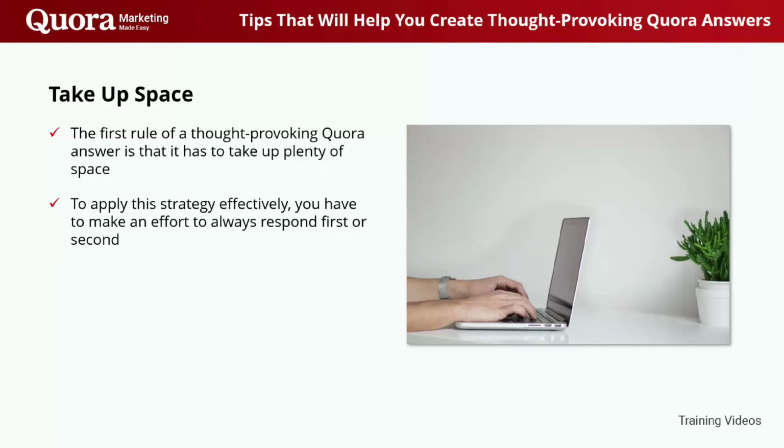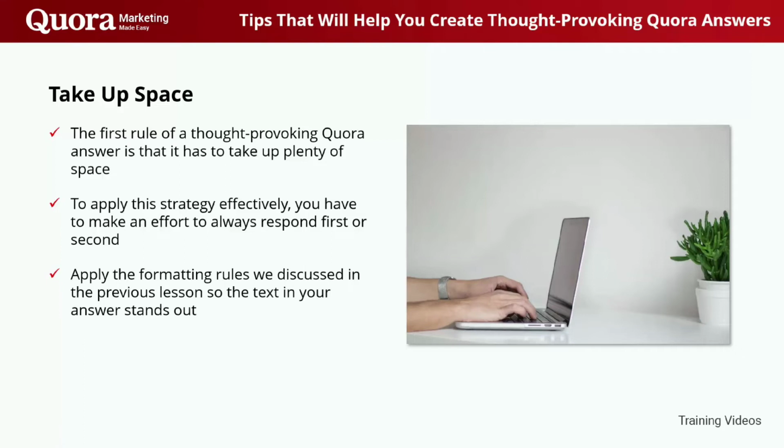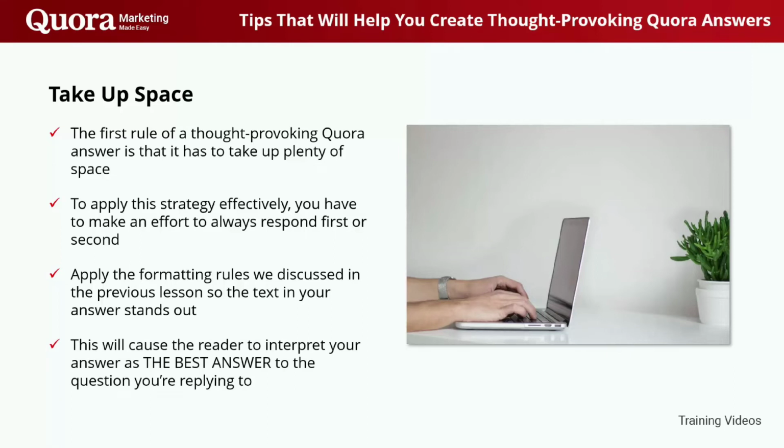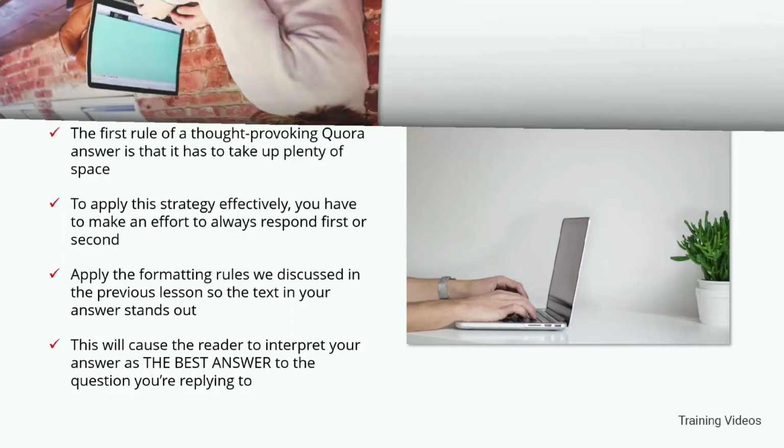Follow up by composing a long-form answer divided into a minimum of 3 paragraphs. Apply the formatting rules we discussed in the previous lesson so the text in your answer stands out. This will cause the reader to interpret your answer as the best answer to the question you're replying to. It will make the reader analyze your perspective and make decisions based on your content.